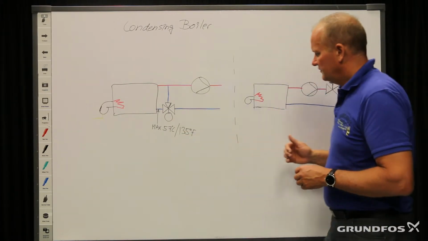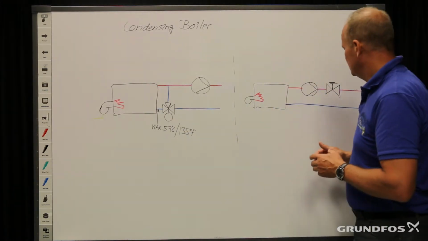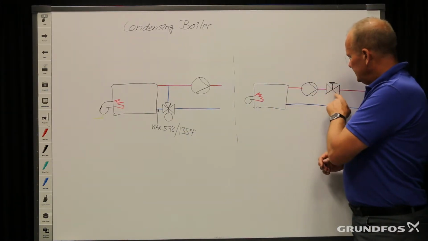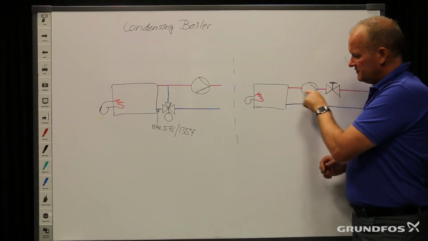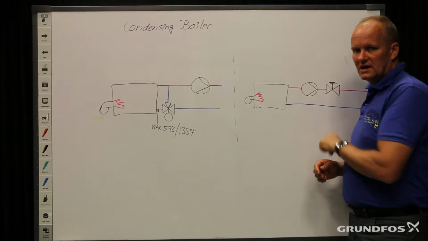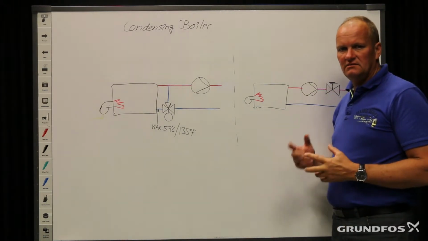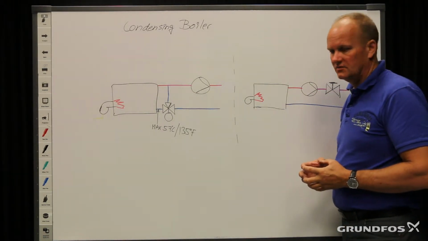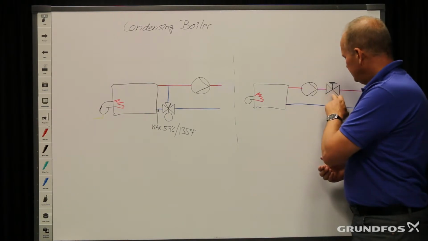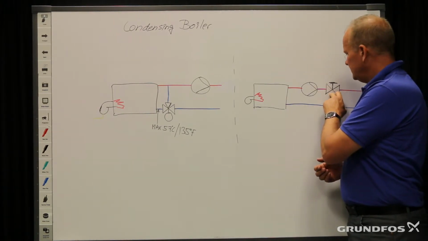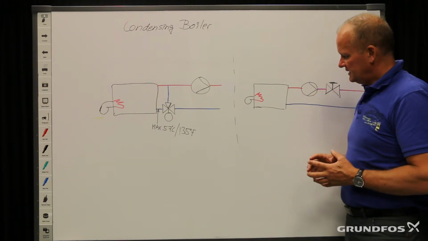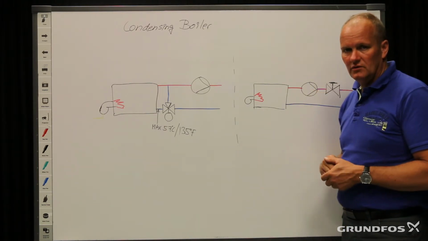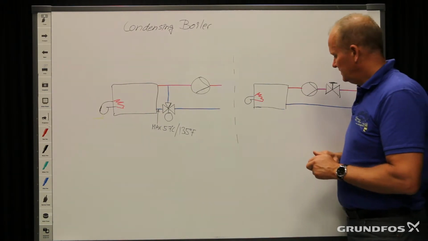Another way of doing this is to simply adjust the overall flow in the HVAC system to a level where it is not exceeding the design criteria which is set. And by doing so, we can adjust this pump throttling valve and then secure that the overall flow in the system is not exceeded.